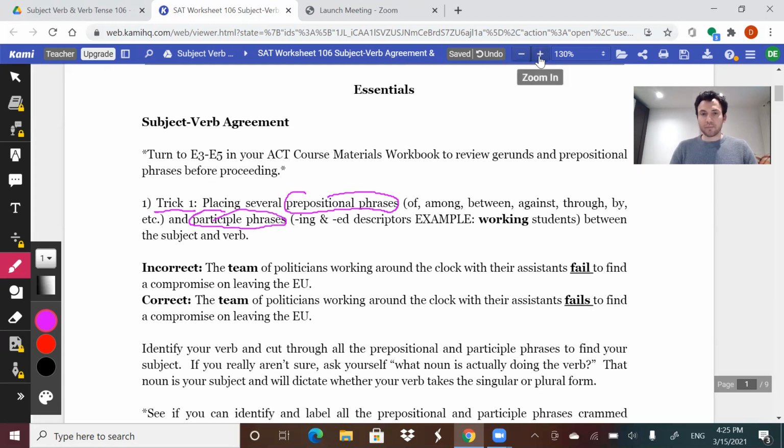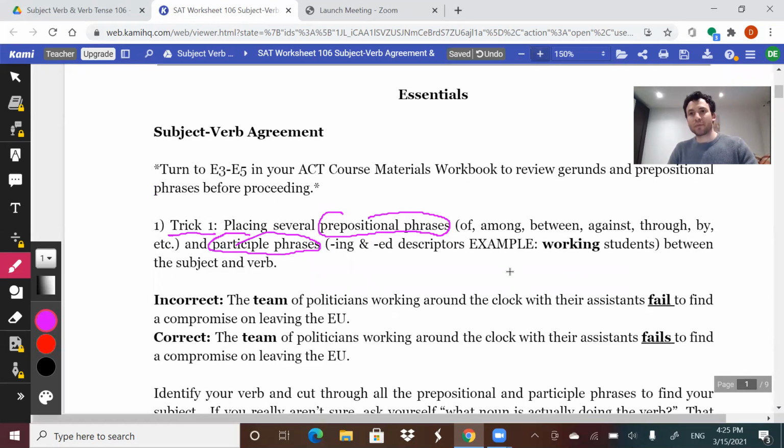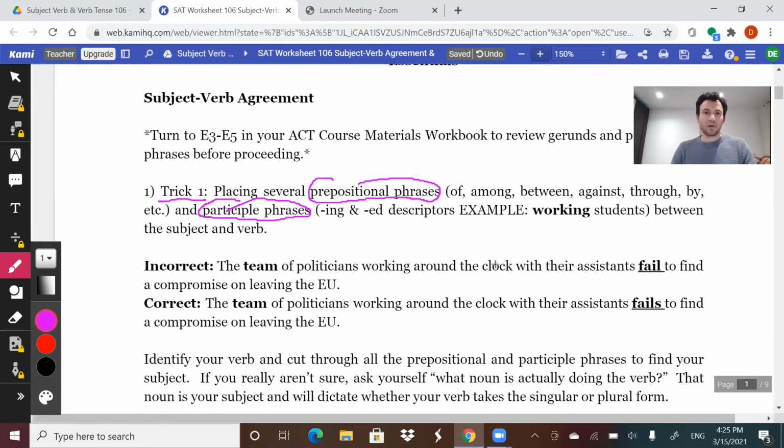I'll show you exactly what I mean, and let's zoom in a little bit. So your subject here is the team. It says, the team of politicians working around the clock with their assistants fail to find a compromise on leaving the EU. If you look at this, of is a preposition.